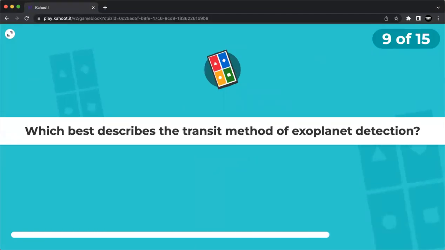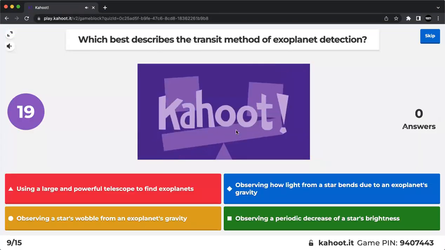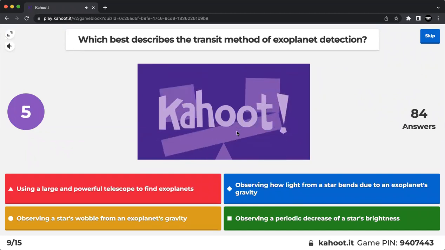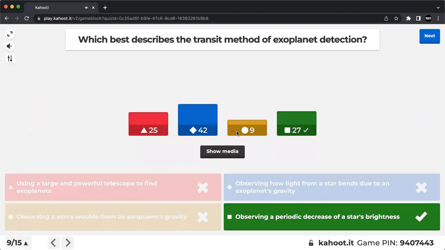Which best describes the transit method of exoplanet detection? Okay, yeah.